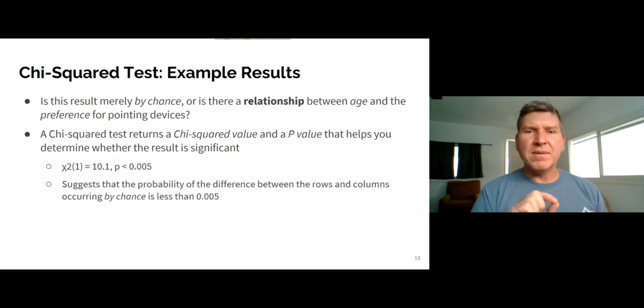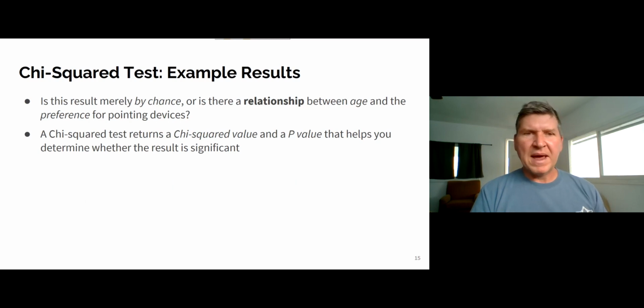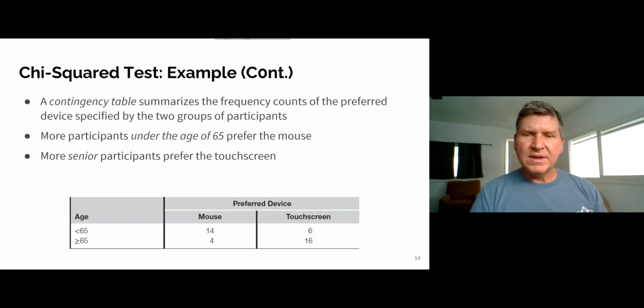This suggests that the probability of the difference between the columns and the rows occurring by chance is less than 0.005. And if we go back and look at that, you can see there's a clear distinction between how those 20 users that were less than 65 and those that were over 65 chose their preferred device.